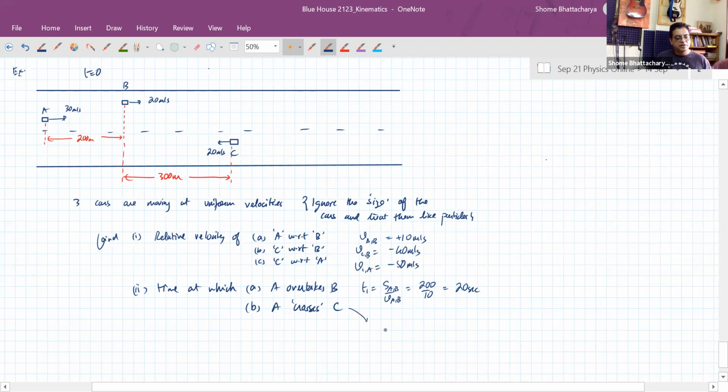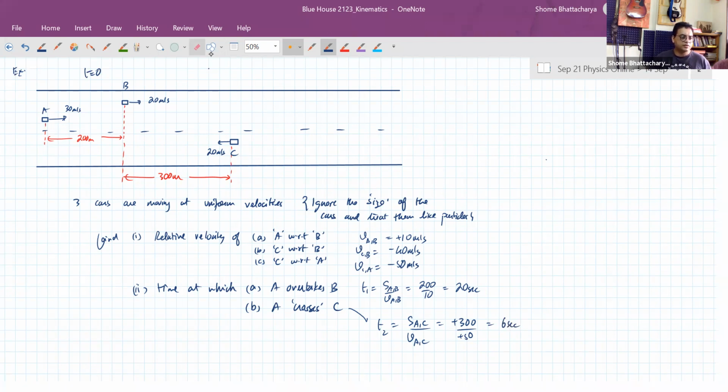So likewise, the time at which A crosses C has to be the displacement that A makes with respect to C divided by the velocity of A with respect to C. So he has to make a displacement of plus 300, but at a rate of plus 50. So it will be 6 seconds. Oh, sorry, it has to make a displacement of 500. My mistake.